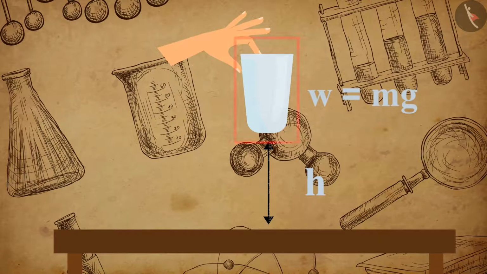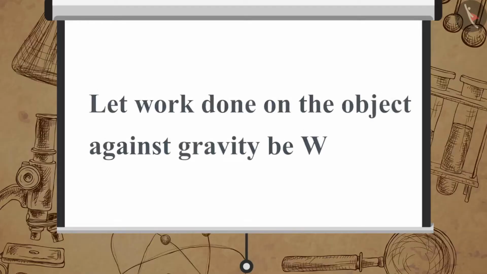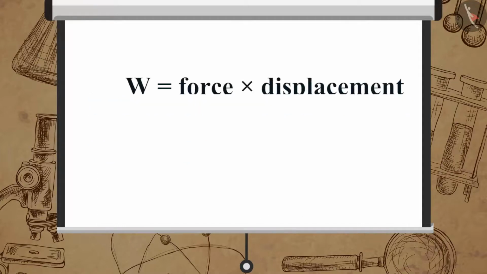The energy gained by the object is the work done on it. Let work done on the object against gravity be W. W is equal to force multiplied by displacement, which is equal to mg multiplied by h, which is equal to mgh.